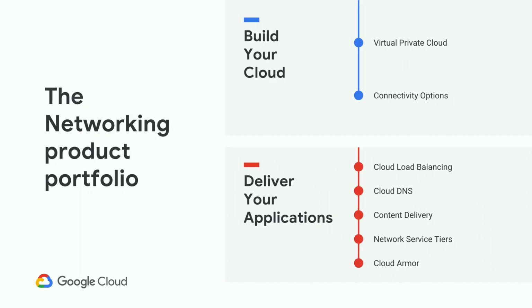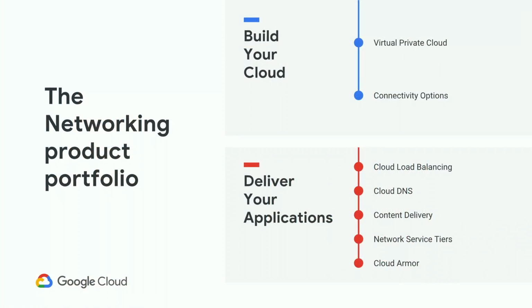Good morning. When you're thinking about the networking products that you are facing as a customer, the offering that we have in Google is a very broad portfolio. We can conceptually segment it into 2 buckets. One is build your cloud, which will include all the connectivity options such as interconnect, VPN, peering.